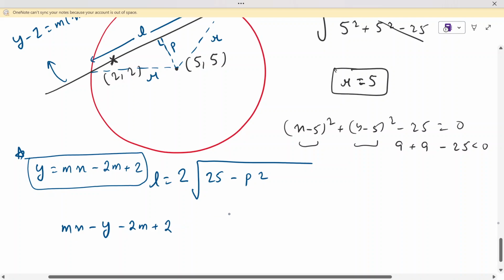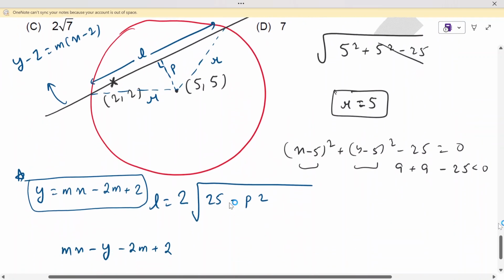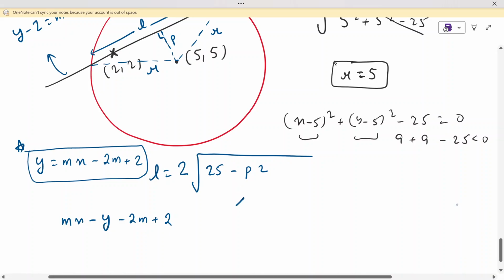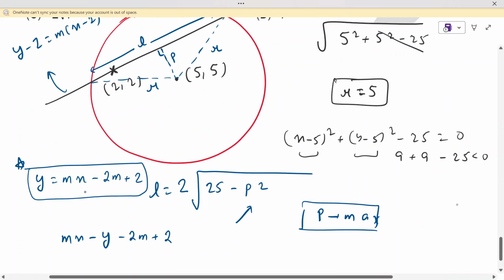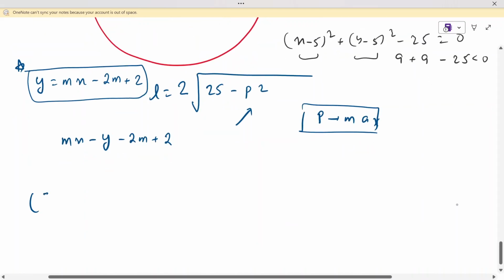So as far as I know, I have to minimize this length, so I have to somehow maximize P, right? P should be maximum. Clear? So P is the length of the perpendicular dropped from the 5, 5 point on the line, right? So I can do 5m minus 5 minus 2m plus 2 divided by root 1 plus m square.